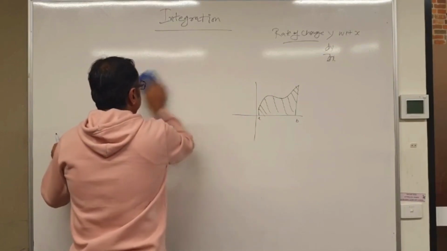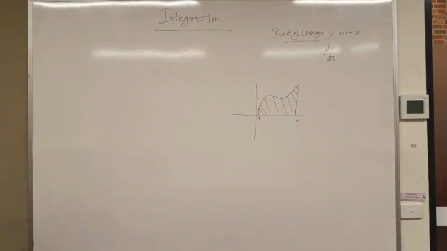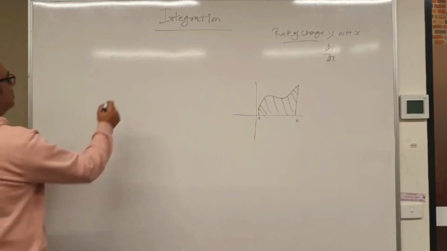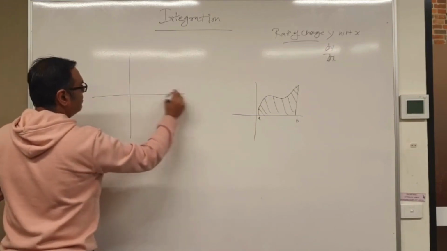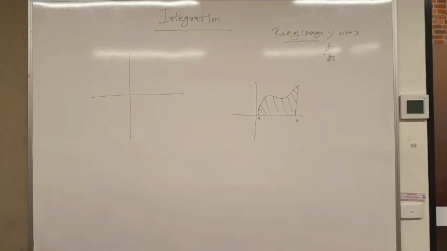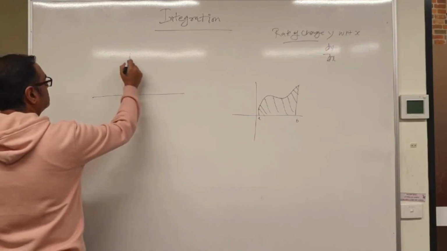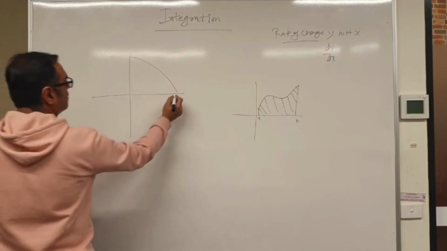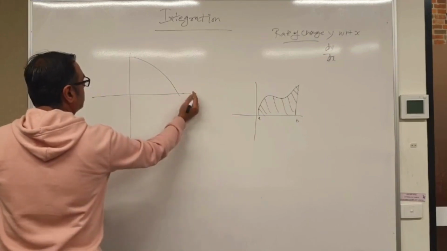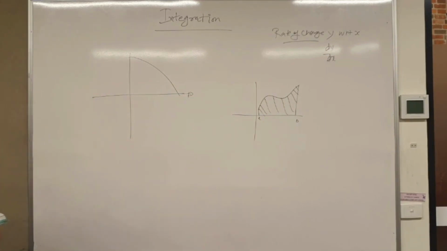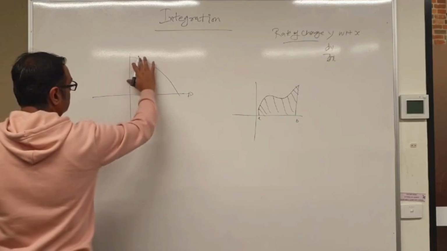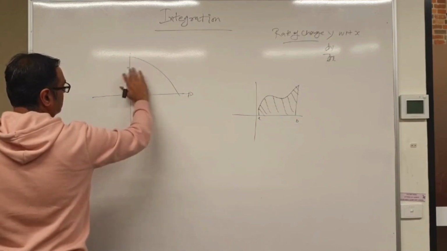Let's take an example. Let's say you have a graph like this, and I'm asked to find the area under this curve, all of this side.